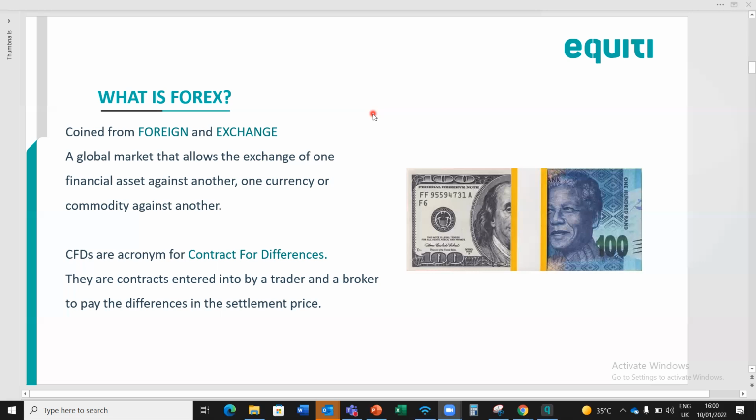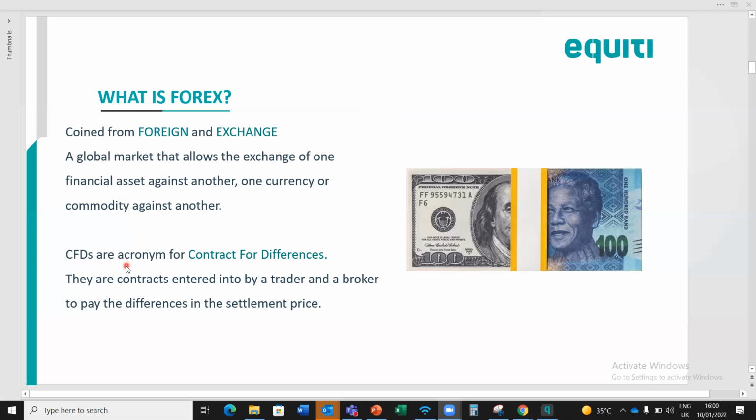You can begin to exchange one financial asset for another at the exchange rates, and then you begin to enjoy some profits from the exchanges that you make. It goes beyond just one currency, and into commodities against another.